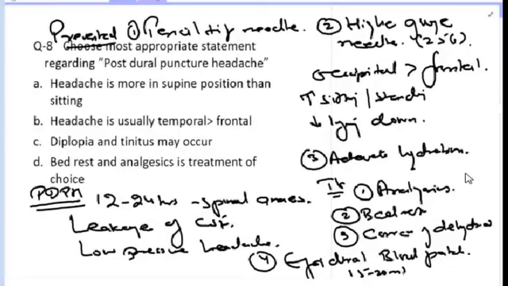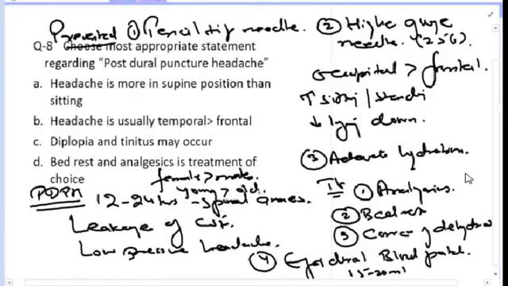Now, post-dural puncture headache occurs more commonly in females than males. It occurs more commonly in young than old. It occurs more commonly with multiple punctures than single puncture.